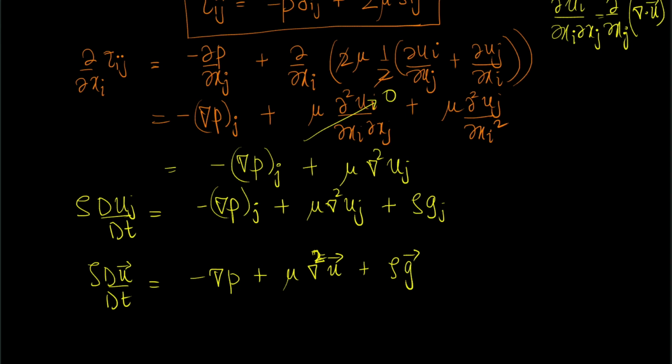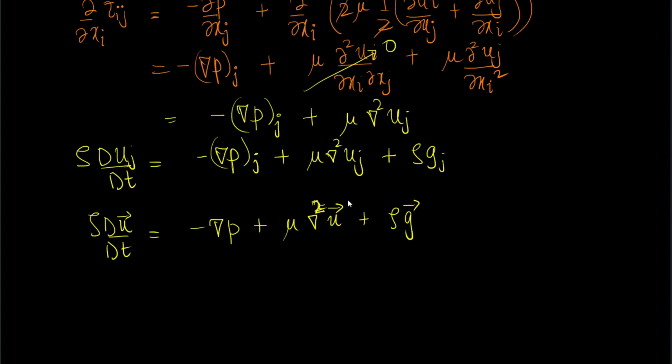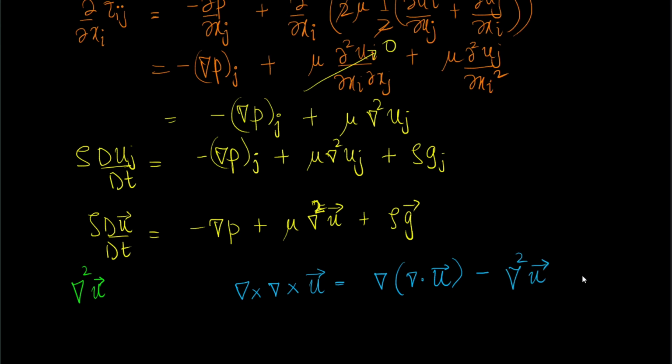Now let us take a step forward and simplify this, because it's a Laplace operator and a velocity. We can make use of the vector identity that the curl of the curl of a vector is equal to the gradient of the divergence of the vector minus Laplacian of the vector. This is a vector identity.